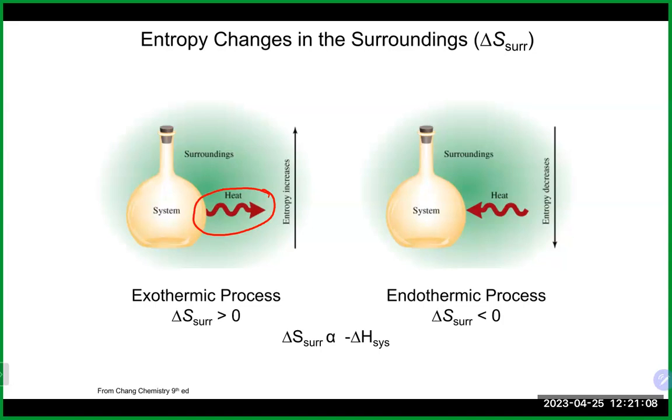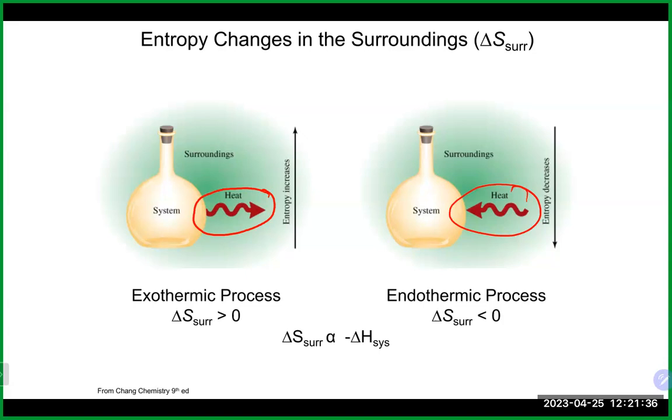That should result in our surroundings increasing the amount of disorder and having a more positive value for the delta S. Opposite is true if we see an endothermic process. That means that the system is actually going to suck out from the surroundings all that energy, and that means that the surroundings is going to lose that energy. So if you want to visualize the surroundings as gas molecules, the gas molecules lose energy. They should be flying around a lot slower, right?